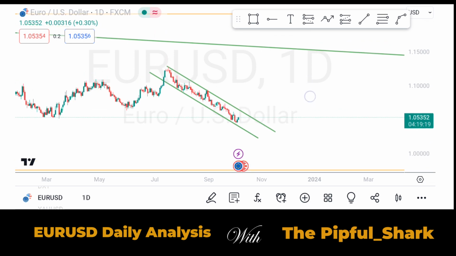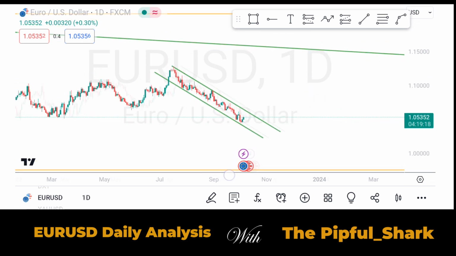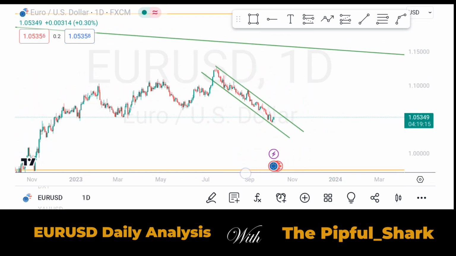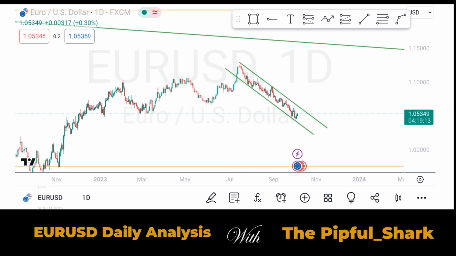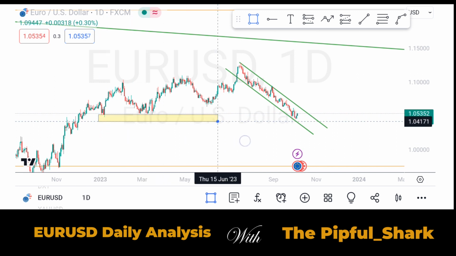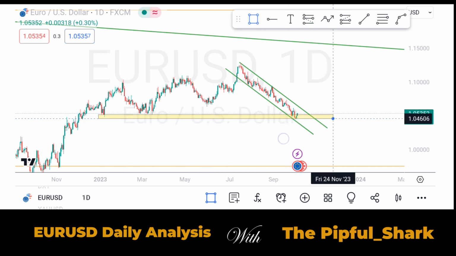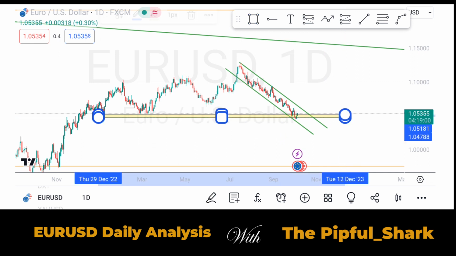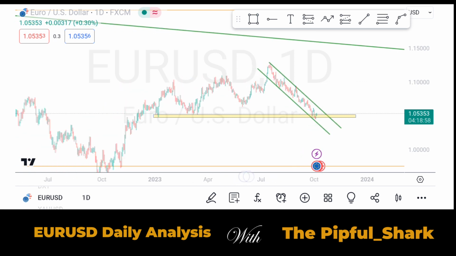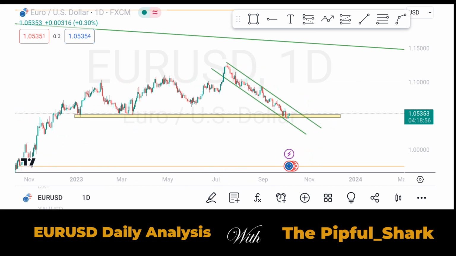Yeah, around this particular point we had a very major zone, eh? You see now why the market is trying to resist.